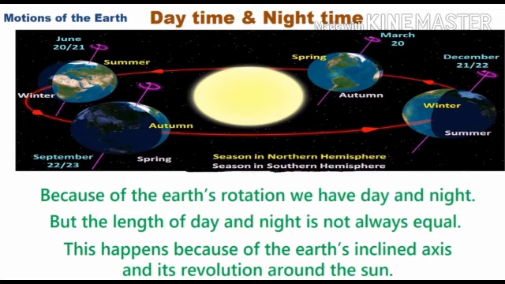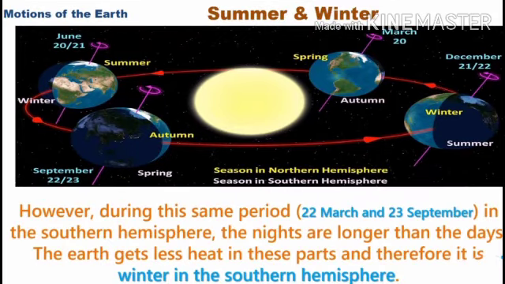Therefore, it is warmer there. That is, it is summer in the northern hemisphere. However, during this same period in the southern hemisphere, the nights are longer than the days. The earth gets less heat in these parts and therefore it is winter in the southern hemisphere.